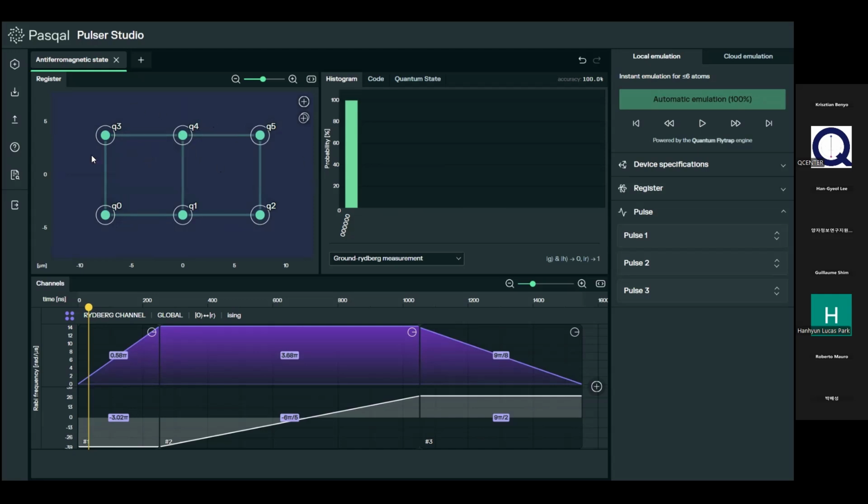So we have this nice graph representation of our atomic register. And this experiment, initially designed as what we call the antiferromagnetic state experiment, is nothing else but an Ising type Hamiltonian's implementation in 3 separate steps.